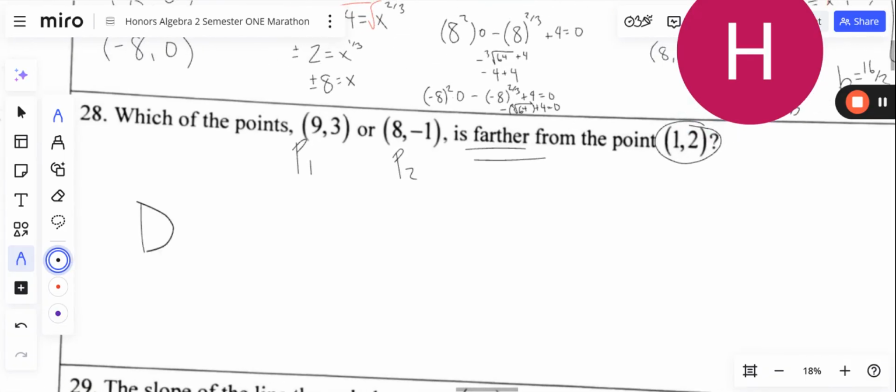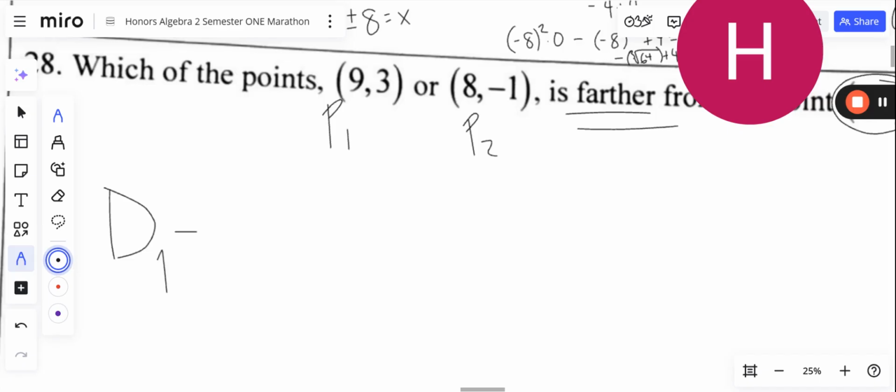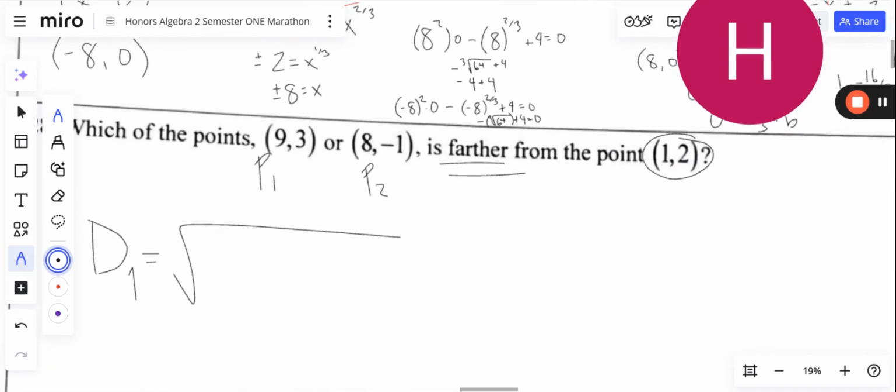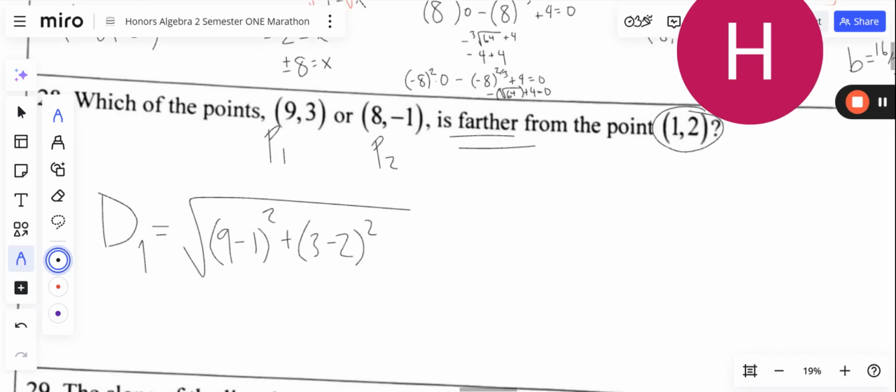So this is just a little bit of simple Pythagorean theorem, right? The distance formula: the square root of x minus x squared, so 9 minus 1 squared, plus y minus y squared, so 3 minus 2 squared. That will simply be the square root of 8 squared, 64, plus 1 squared, 1, square root of 65.